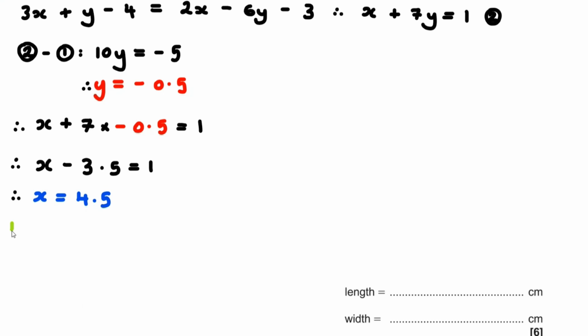For the length, we have 3x, so that's 3 times 4.5 plus 5y, so that's 5 times minus 0.5 plus 4.